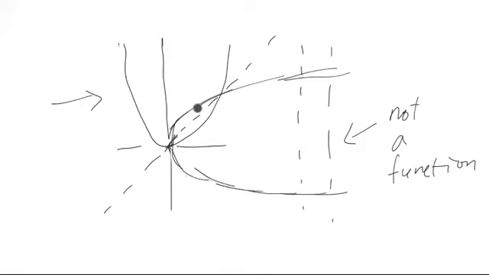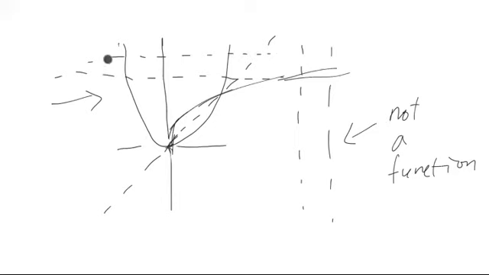So if we reflect it and we don't get a function, then it doesn't have an inverse. Can we actually see that without reflecting? We sure can. We just swap the idea of x and y when we're thinking about the vertical line test. So now we're thinking horizontal line test. So does this function pass the horizontal line test? No. If it doesn't pass the horizontal line test, it does not have an inverse.